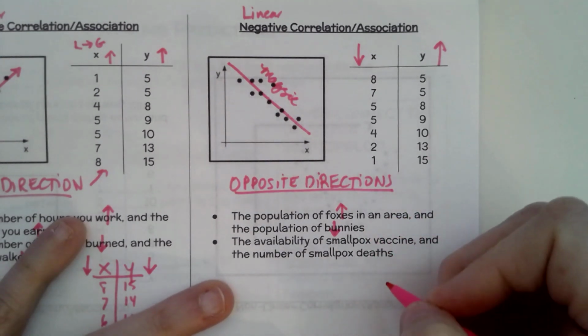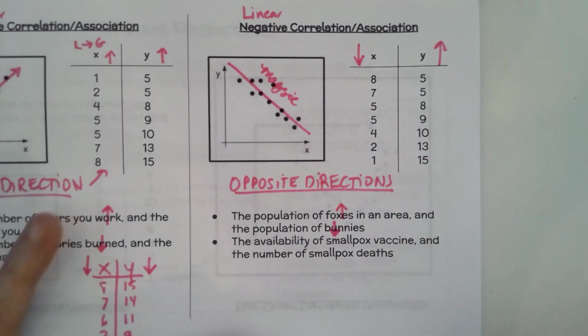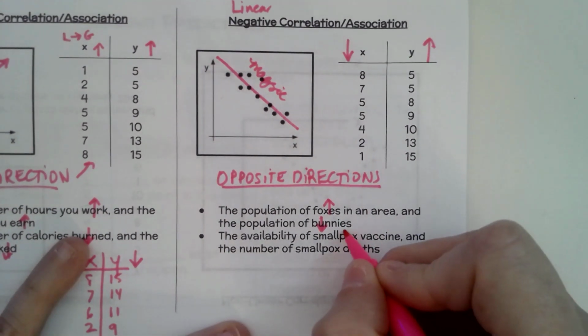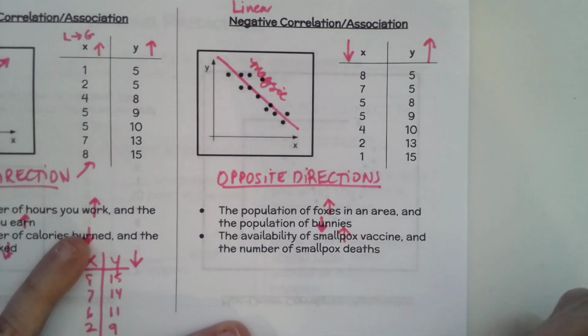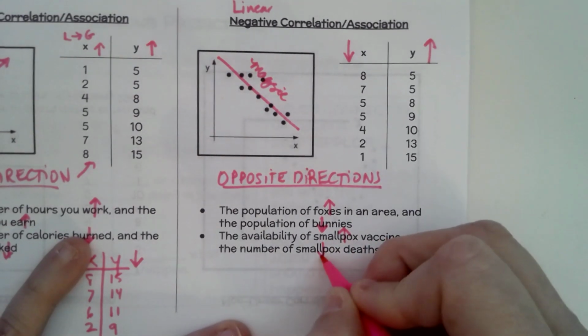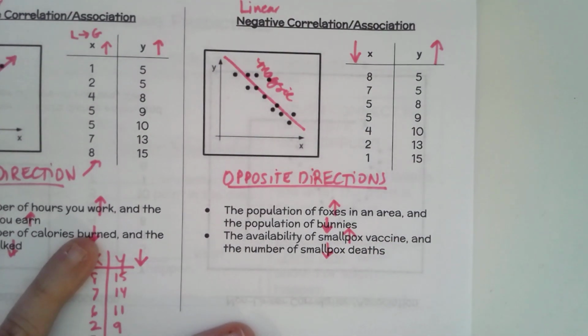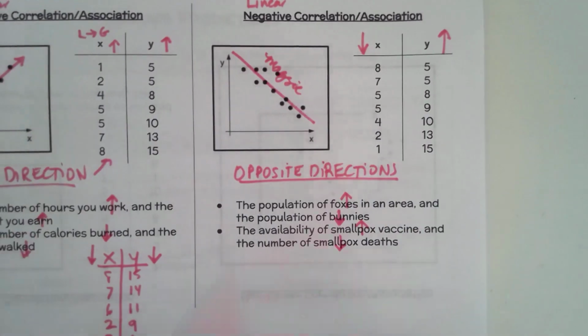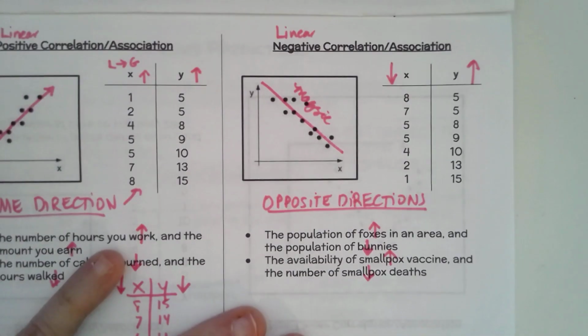Now, with the smallpox vaccine, as smallpox vaccine availability increased, smallpox deaths decreased. So you notice how these are all going in opposite directions. So they're not moving together, okay? And when that happens, that's when I know that I've got a linear negative correlation.